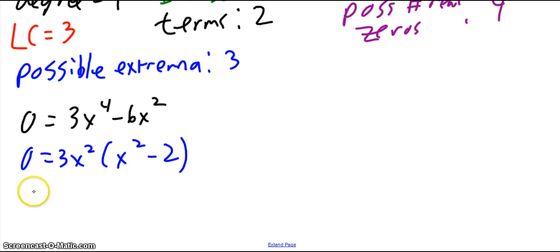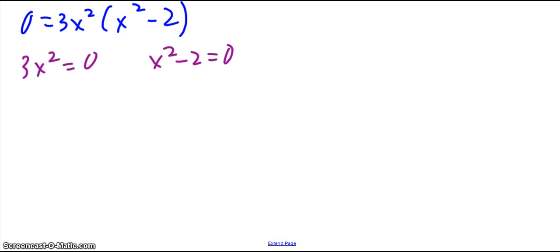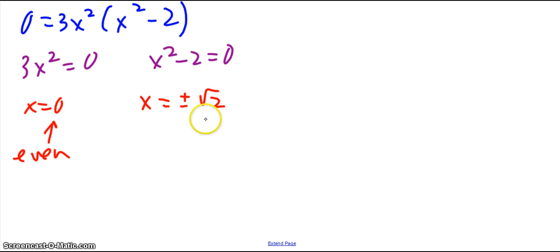Set each factor equal to 0. And we end up with x equals 0. Notice that has an even multiplicity. And x equals plus or minus the square root of 2.